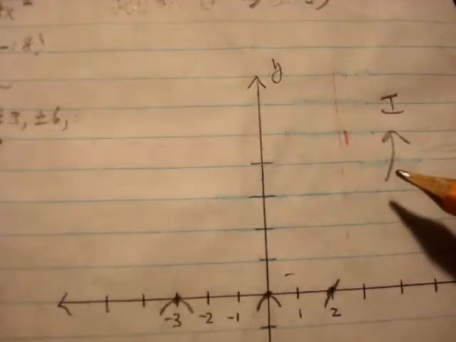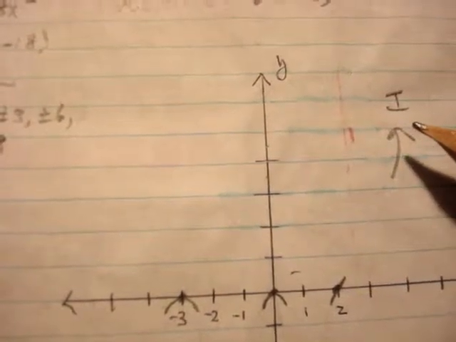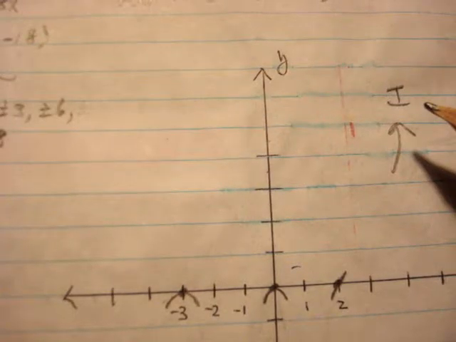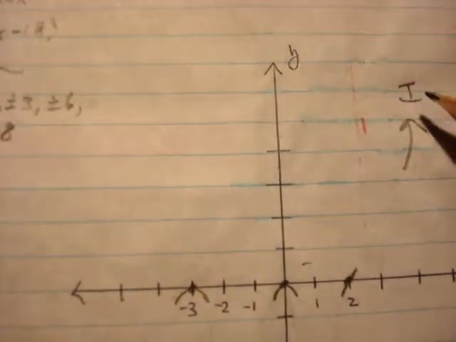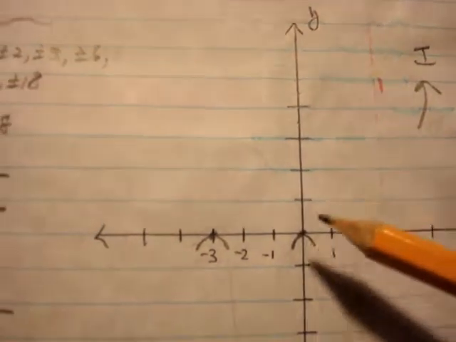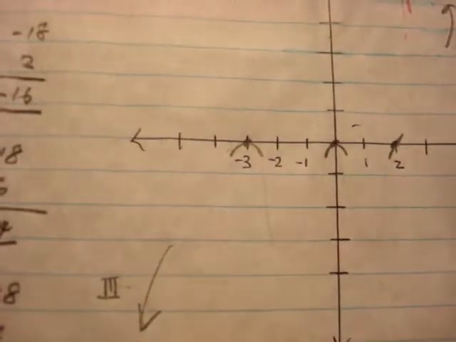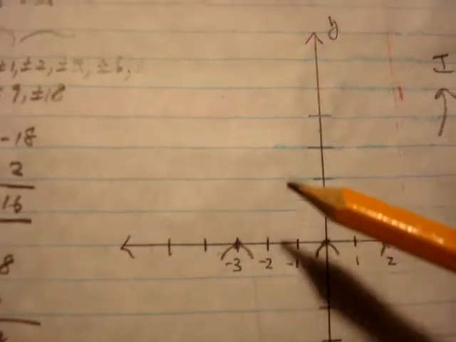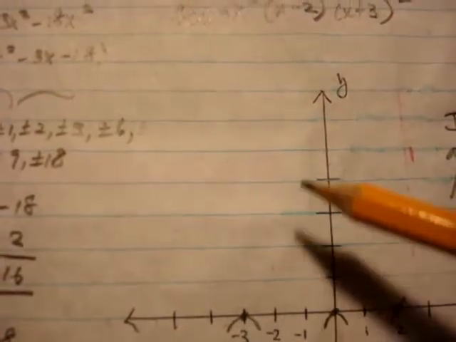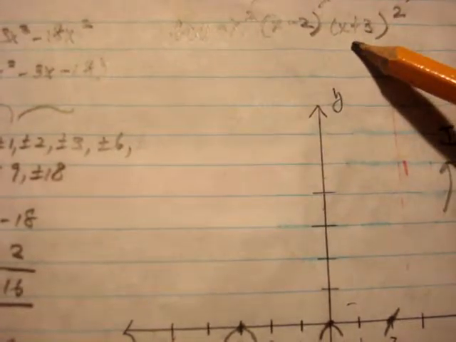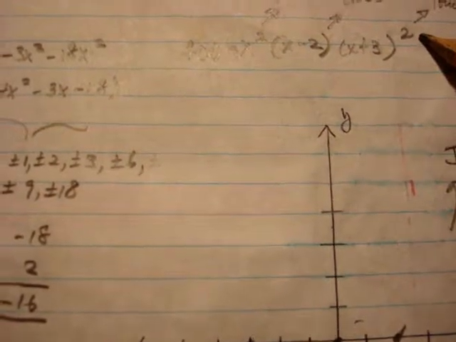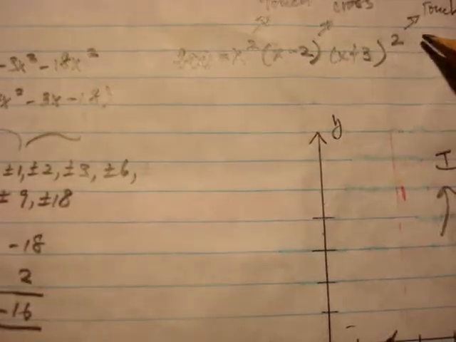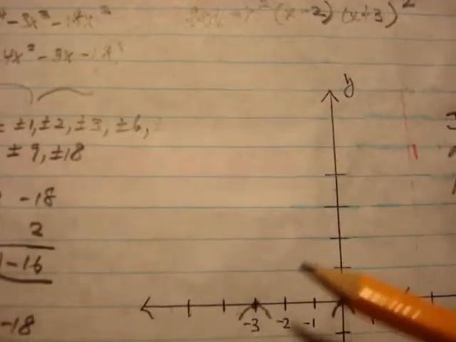And we know that for x to the 5th power, for a polynomial function, the end behavior for the first quadrant is tilt up. For the third quadrant, it will tilt down. For the negative 3, which is the zero of x plus 3 raised to the second power, every time you have an even power, it touches the x-axis.